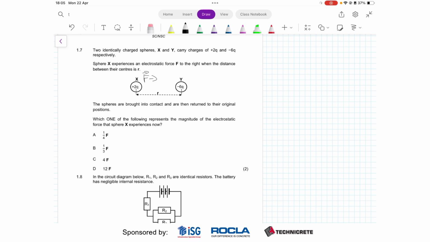The spheres are brought into contact and then return to their original positions. Which one of the following represents the magnitude of the electrostatic force that sphere X experiences now? This is going to be B.